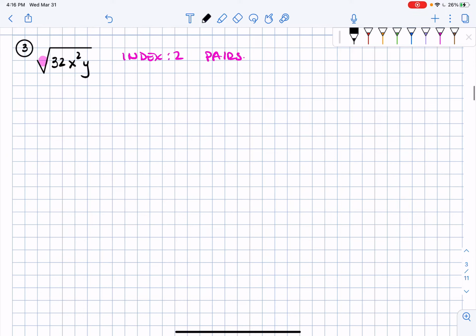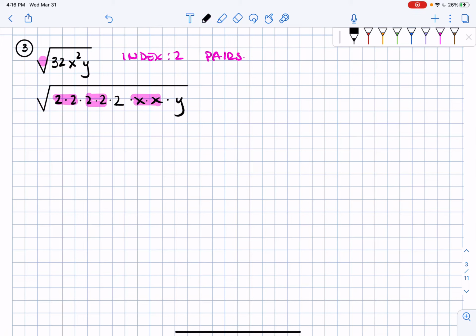So what I have now is the square root of 2 times 2 times 2 times 2 times 2 times x times x times y. Since my index is a 2, I'm looking for pairs. So here is a pair of 2's. Here's another pair of 2's. And here's a pair of x's.